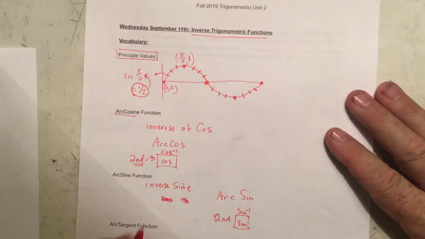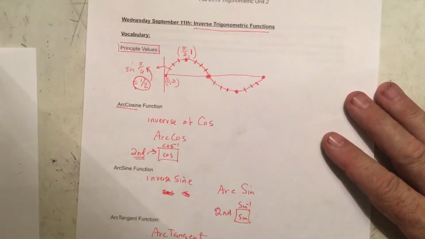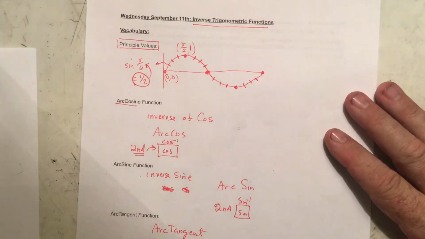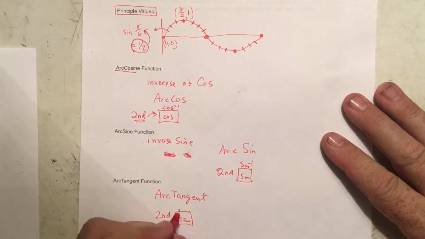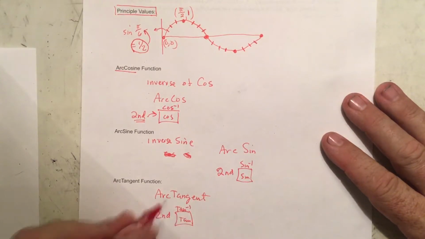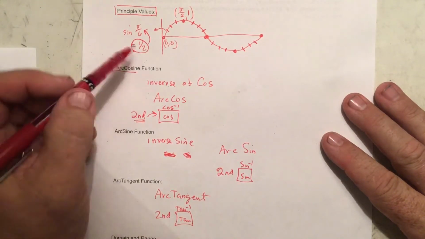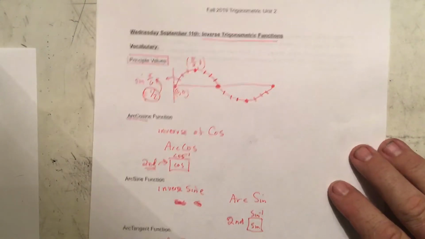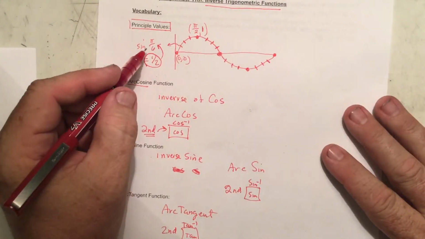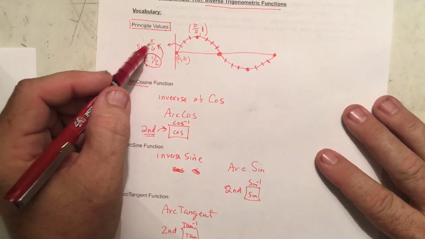So we just start working backwards, and this is also arctan. So they're pretty straightforward, arctangent. And then for arctangent, it's going to be second, and then you're going to hit the tangent button so we can get the tangent of -1. So when we're given a fraction, we work backwards towards the angle.